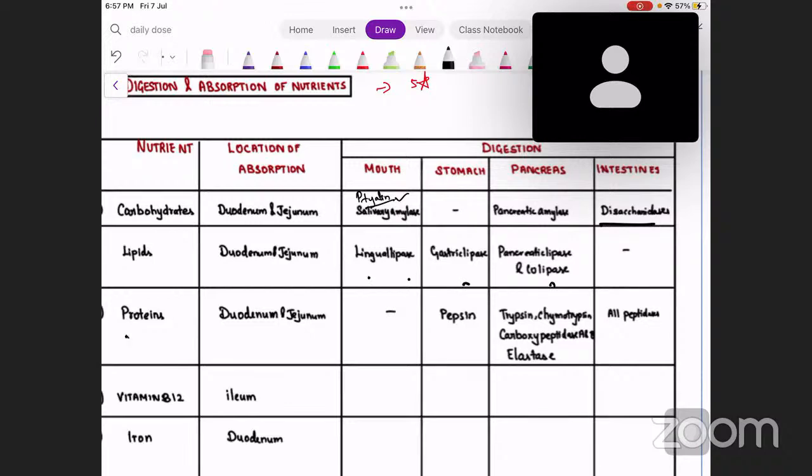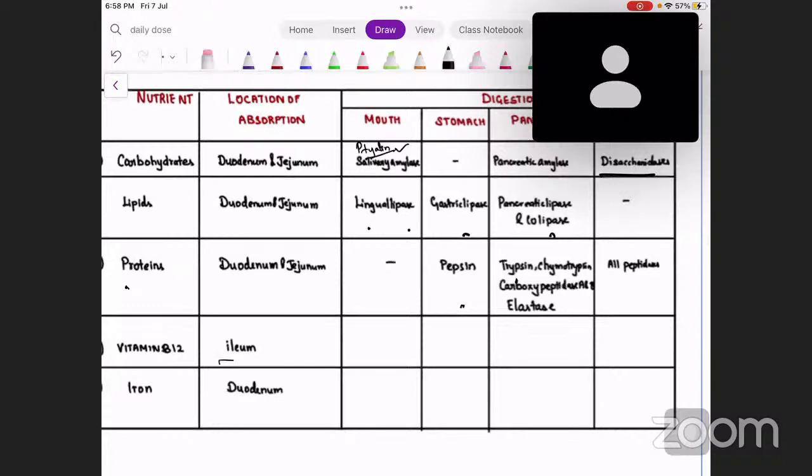And protein, pepsin in the stomach, trypsin in the pancreas, and all peptidases in the intestine. Vitamin B12, the location of absorption is the terminal ileum. Very, very, very, very important. Especially when you are reading about anemia, pernicious anemia, this location of vitamin B12 absorption is very important. Okay, and then iron, it is the duodenum.